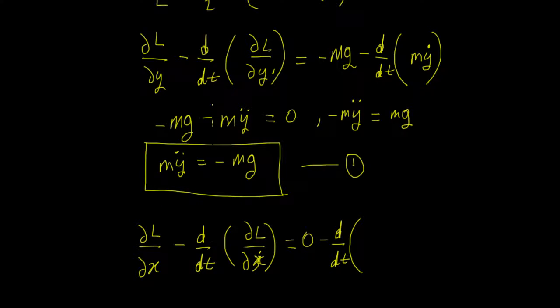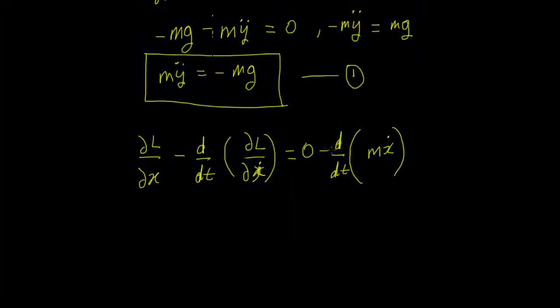Well, there's x derivative there, and again the same thing, the 2 is going to come out, so it's going to be 2 x derivative, the 2 cancels with the half, and you're left with m x dot.